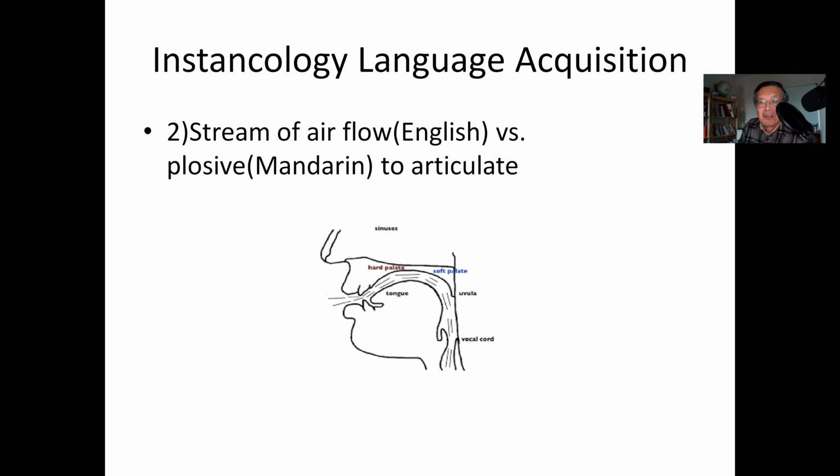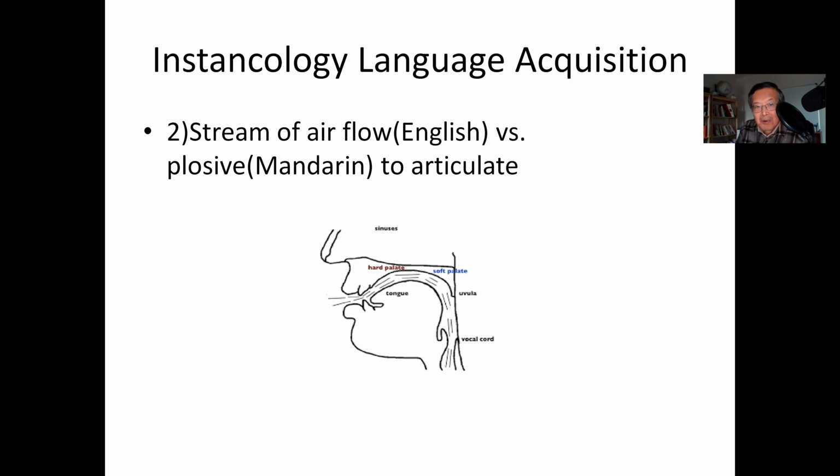In other words, they use air friction to make sound. Remember this one, okay? Hard palate, and the tongue and the soft palate. That's the in between, all right? You can see that.